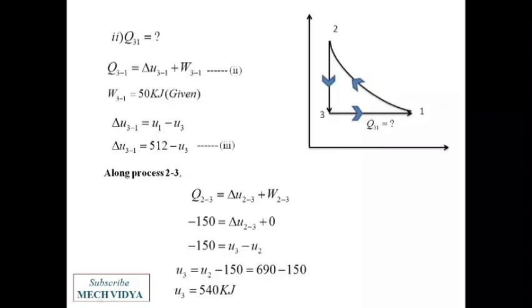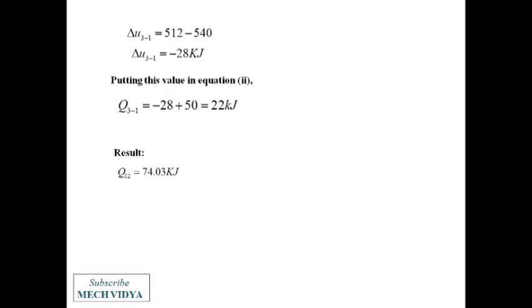If I plug in this value, Q31 is equal to minus 28 plus 50, which is equal to 22 kilojoule. So this is the answer. Q12 we have got already, 74.03 kilojoule, and Q31 is 22 kilojoule. So this was all about the numericals from the first law of thermodynamics.